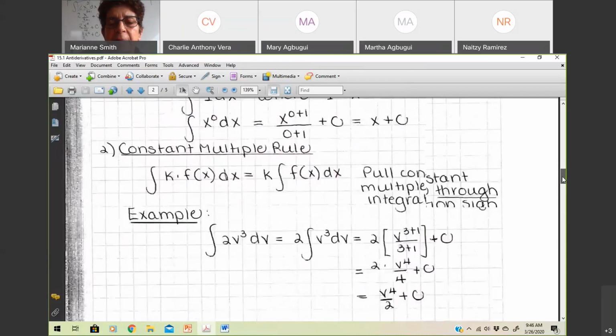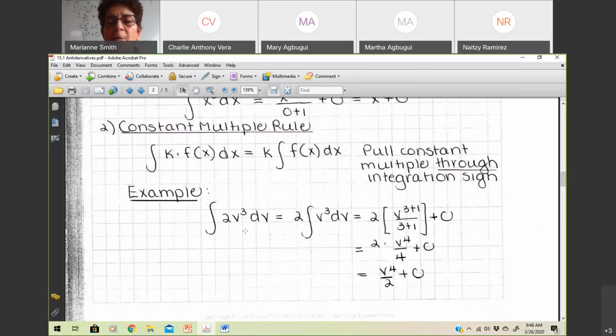So here's an example. Suppose I want to take the integral of 2 v cubed dv, okay? You can either put your hand over the 2 and just do what you have to do with v to the third, or you can pull it right through the integral sign, which really puts it on the other side of the fence so it doesn't distract you.